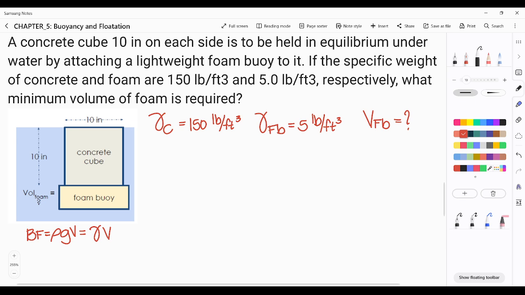So, let's solve this problem. Now, saan tayo magsisimula? Let's first start dun sa mga forces acting on our system. Since it is in water, our block, concrete cube, and the foam buoy has weight.